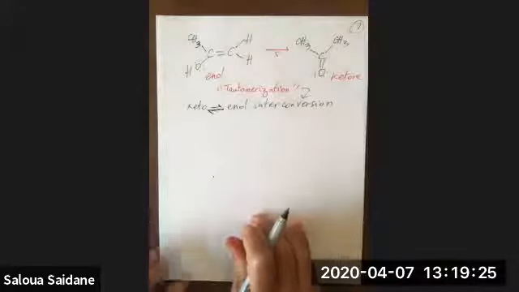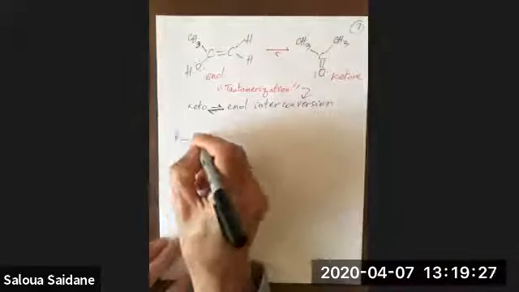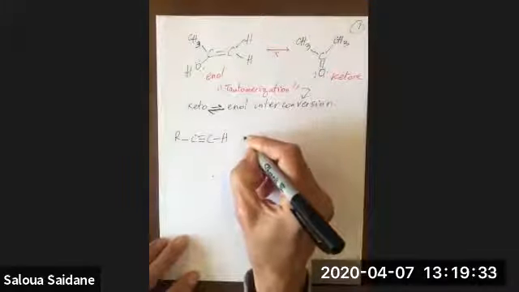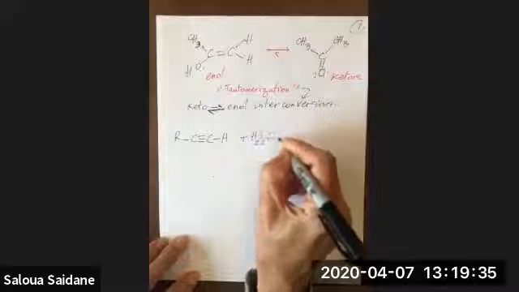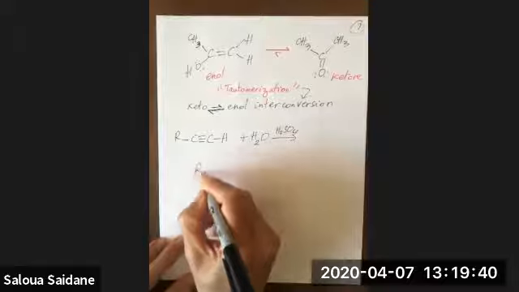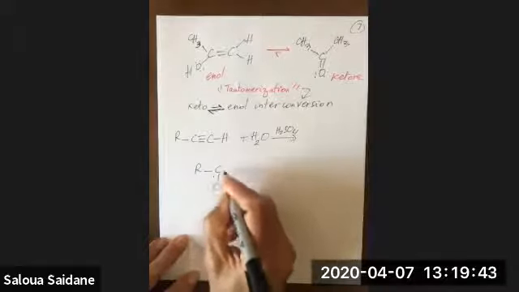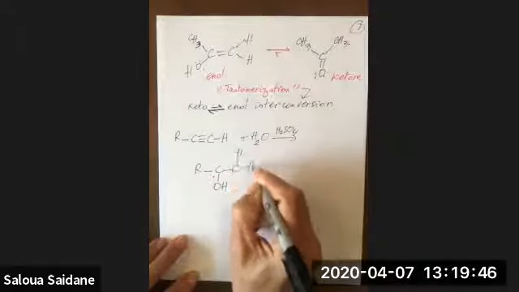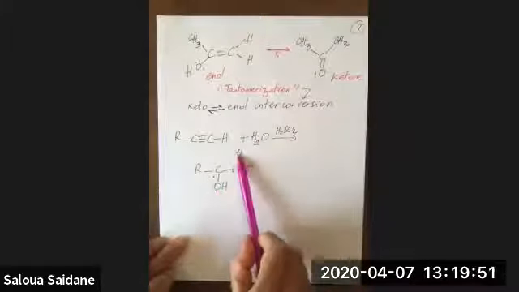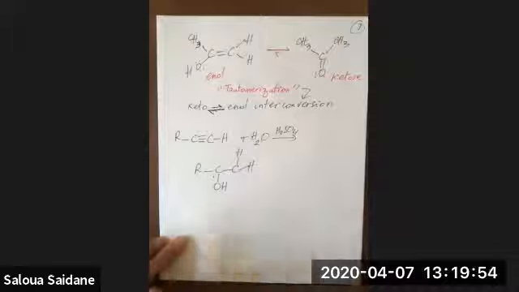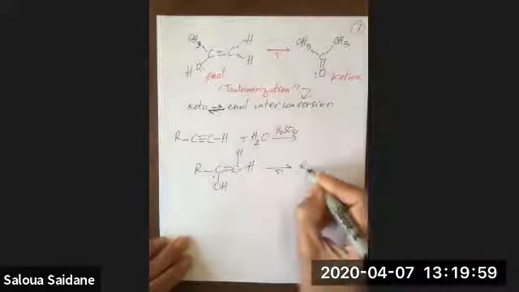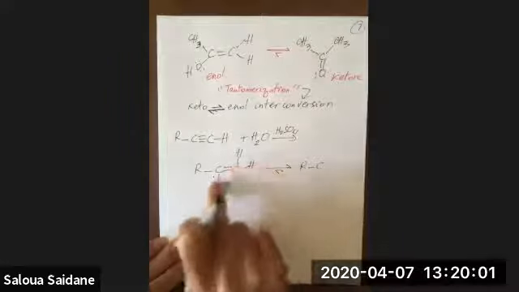So to summarize, if I take an external alkyne and I add water in the presence of sulfuric acid, we end up with R-C-OH=CH2. So you see water here, and OH comes this way, and the H goes to the other carbon, and we have a double bond, and that becomes a ketone. So the H moves here, and the double bond moves here.